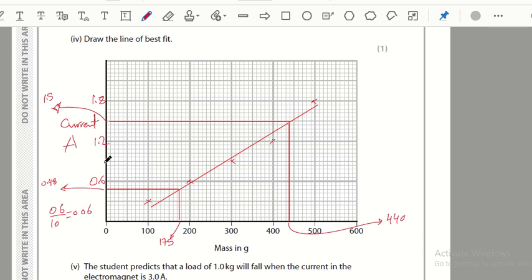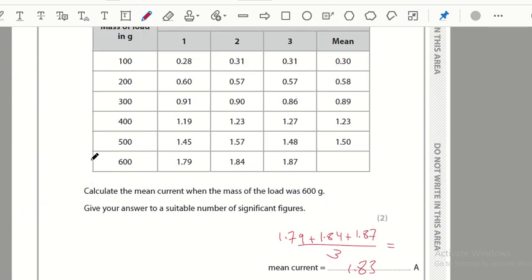So we will label the y-axis by current in ampere, and we can choose every 10 small squares to represent 0.6, because if we look here, we will find that we increase by about 0.3 for each 100 gram increase.